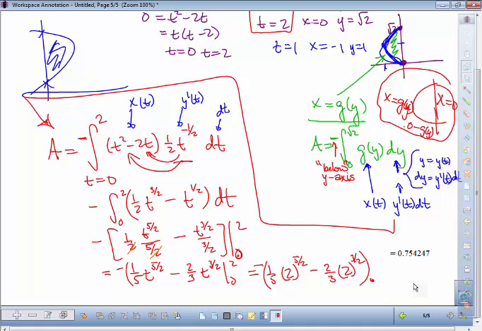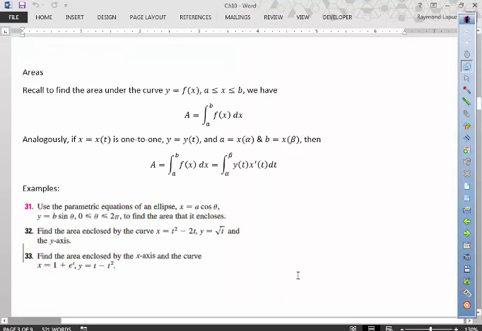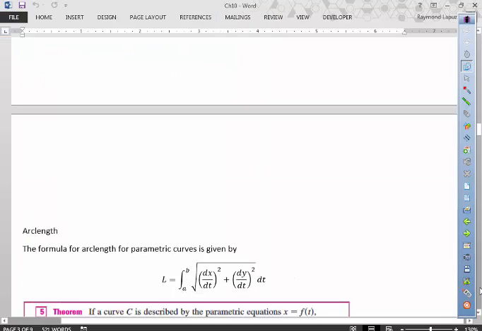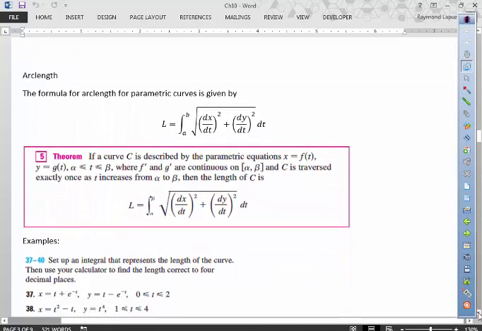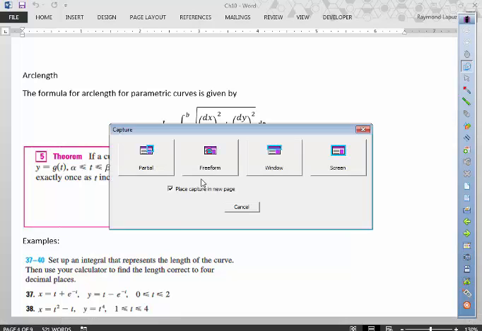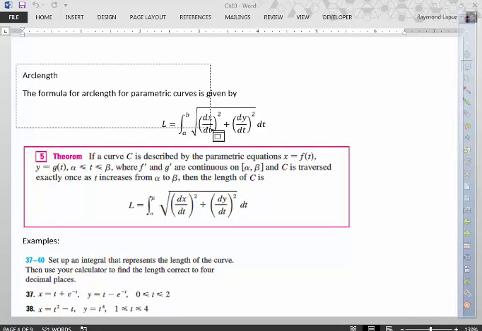All right, let's move on to our arc length. There's a nice story behind this that we won't have too much time to talk about.